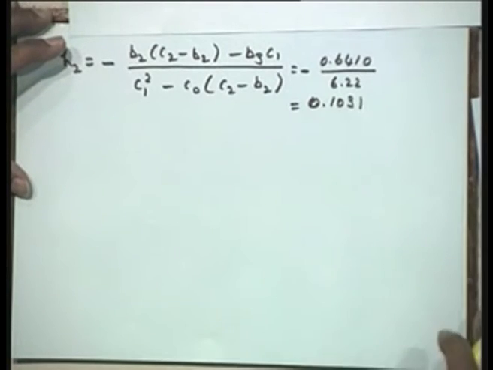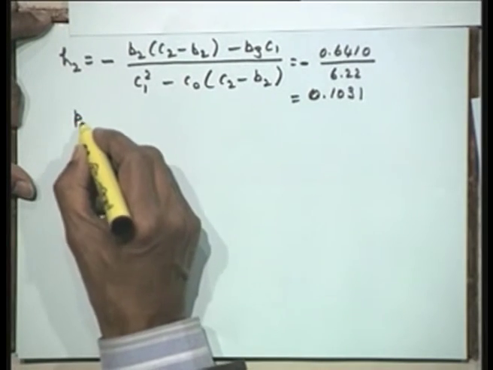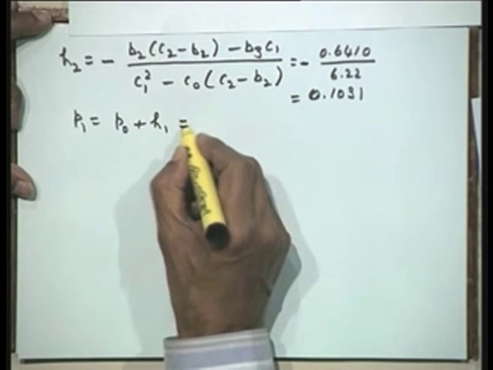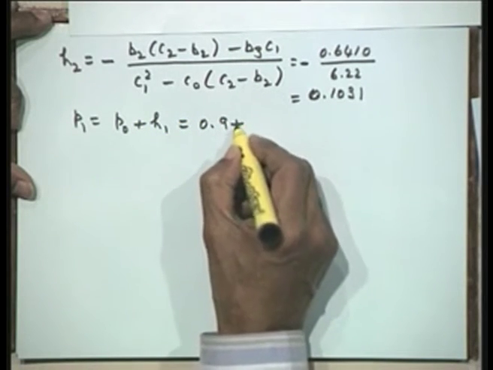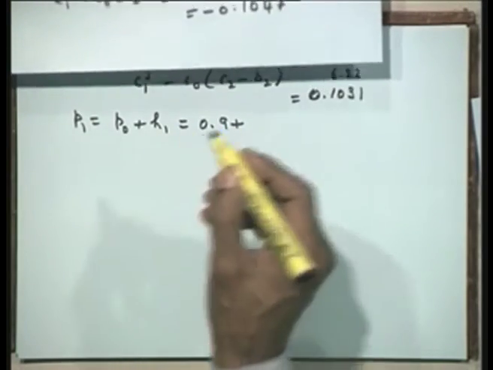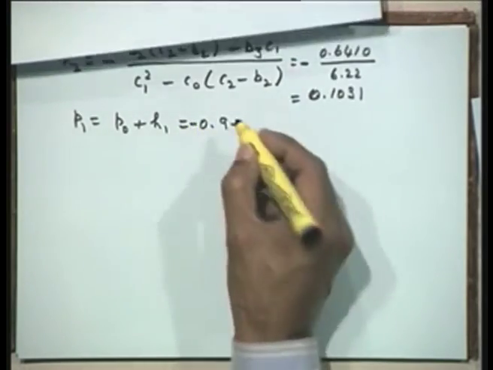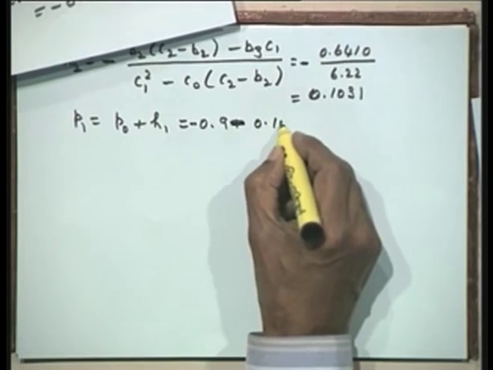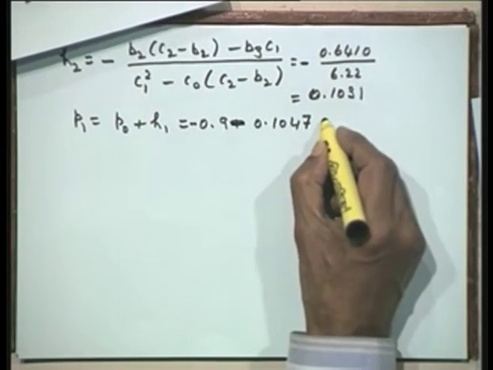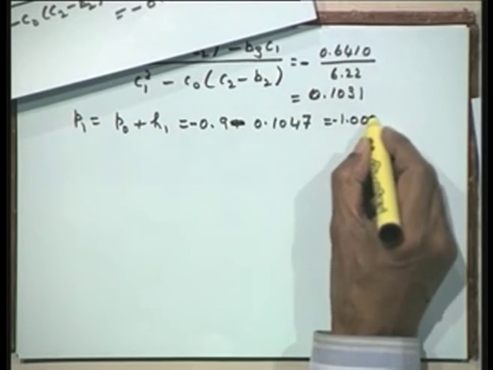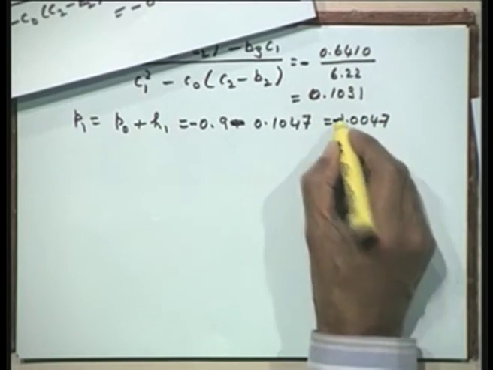Now, I need the next approximation, that is p1 is equal to p0 plus h1. We started with p0 as minus 0.9, and here is a minus sign, so I have minus 0.1047, that is equal to minus 1.0047.